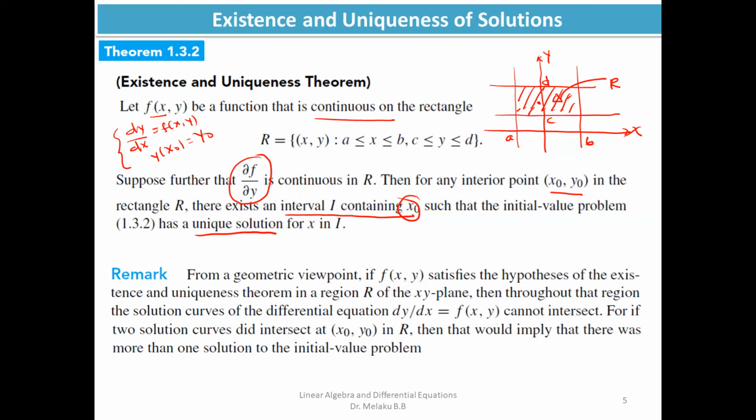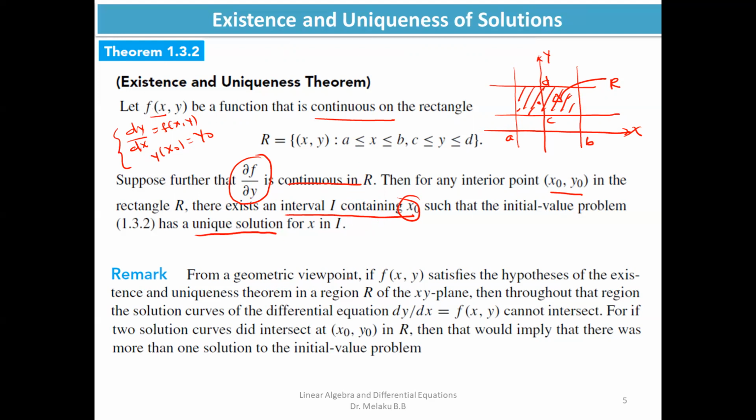We have to check that first f of x, y must be continuous on a certain rectangle. Plus to that, we have to check that the partial derivative of f with respect to y must also be continuous in the rectangle R. If so, this guarantees us that there is a unique solution in the rectangle containing x naught.